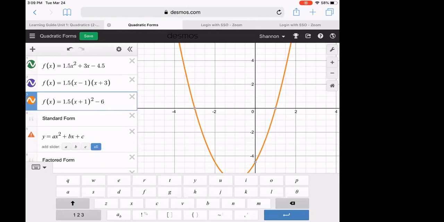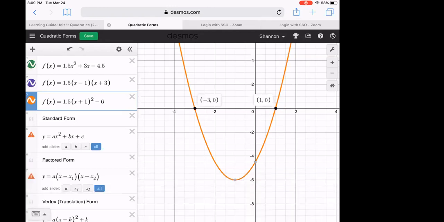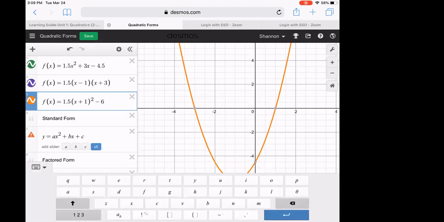So in any of those numbers, would you have had a clue that the x-intercepts were going to be at -3 and 1? No, probably not. If you look at that formula for number 3, would you have any clue that the vertical intercept was going to be at -4.5? No, probably not really. If you look at that formula and look at the vertex being at -1, -6, well, okay.